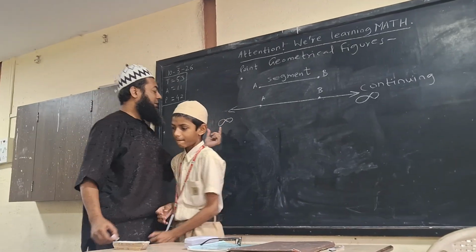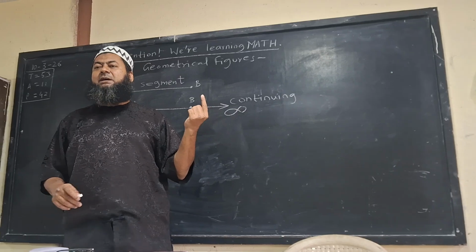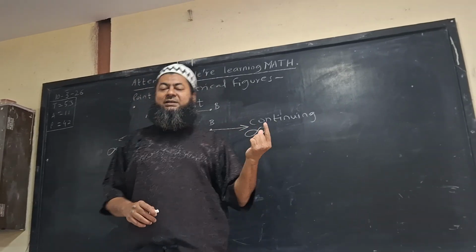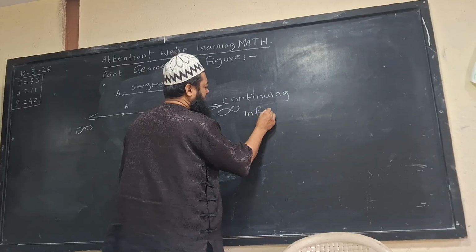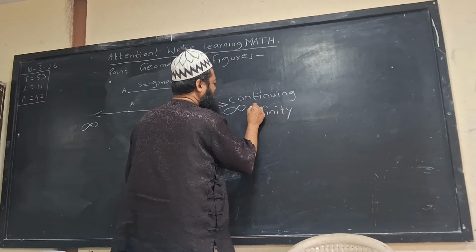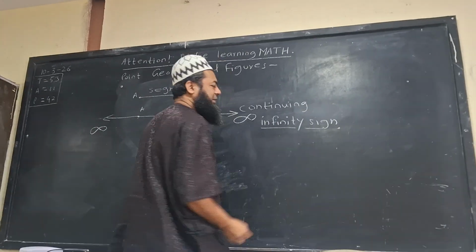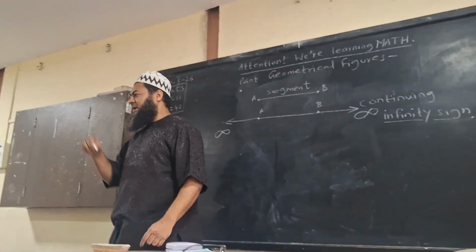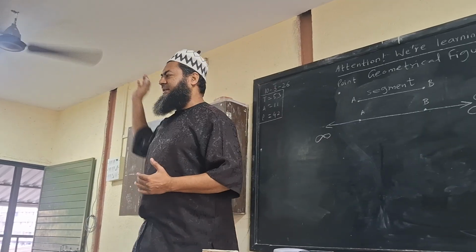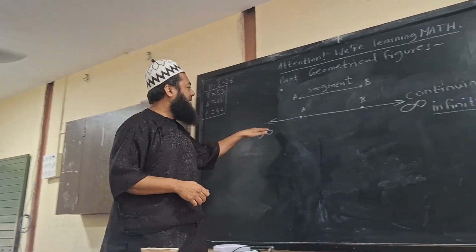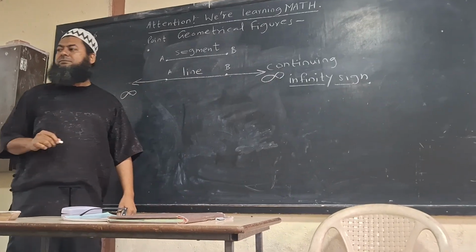This representation represents continuity, and it is called the infinity sign. If you put this sign, it means it is continuing this side and that side, endless, then this becomes a line.